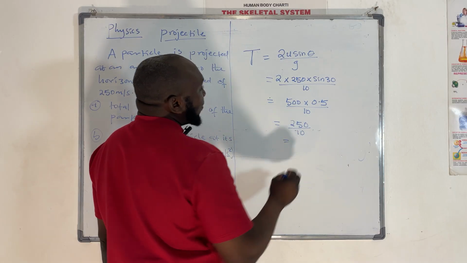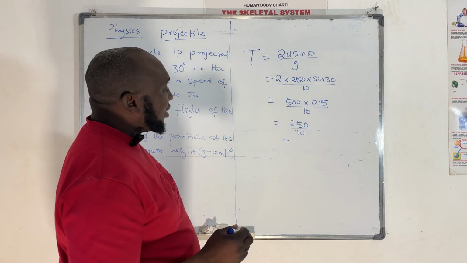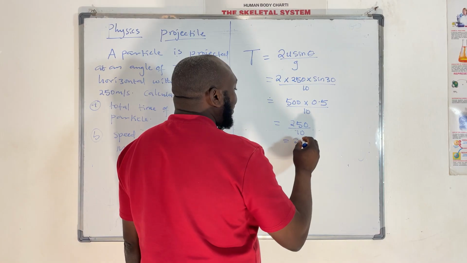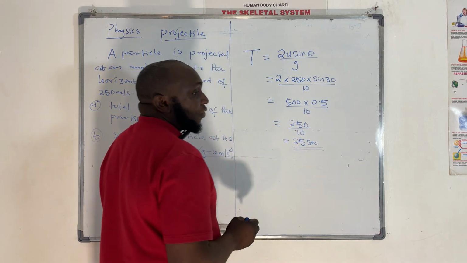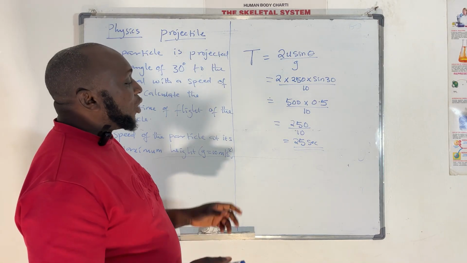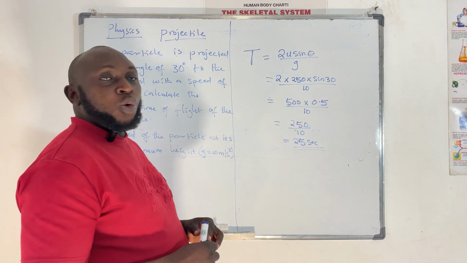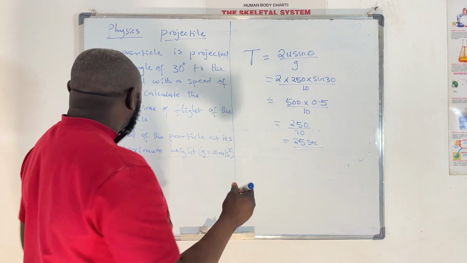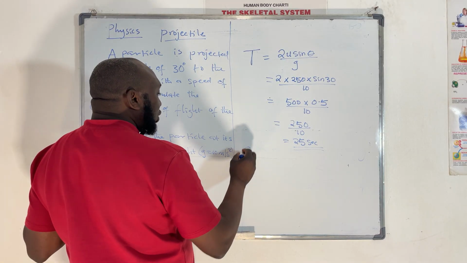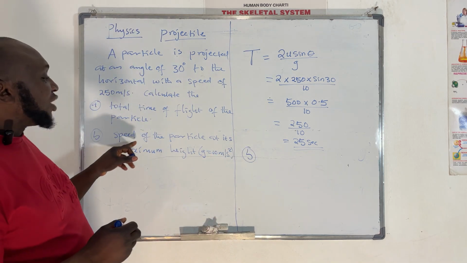And 250 divided by 10 gives us 25 seconds. That means that the time of flight, or the time taken for a body to return to the same level where it was projected, is 25 seconds.